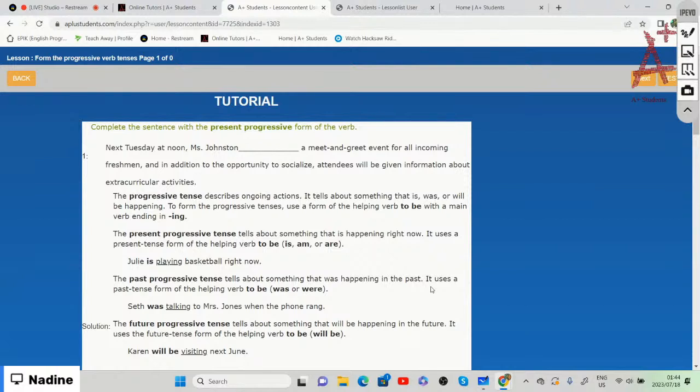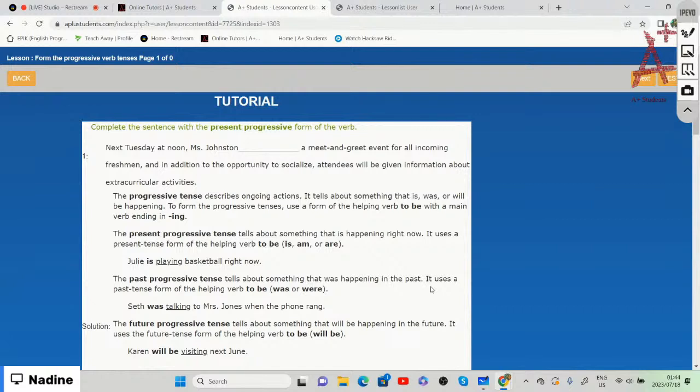For example, Seth was talking to Mrs. Jones. Seth alone is one person. But if we say the boys, which refers to more than one, then we say the boys were talking to Mrs. Jones.